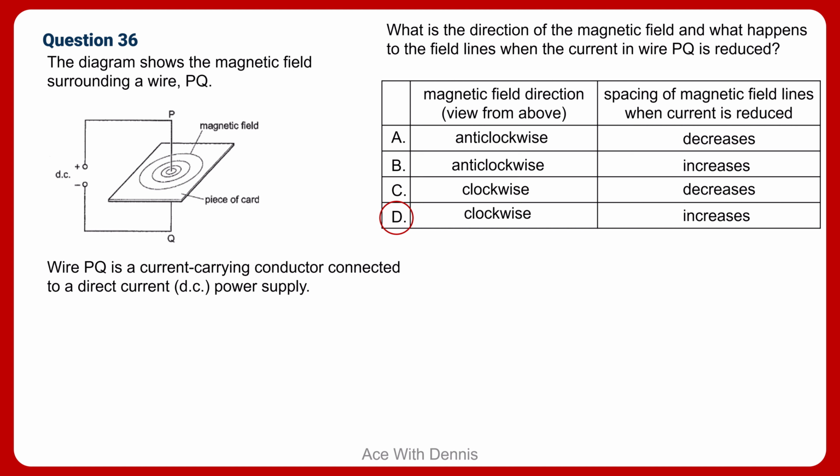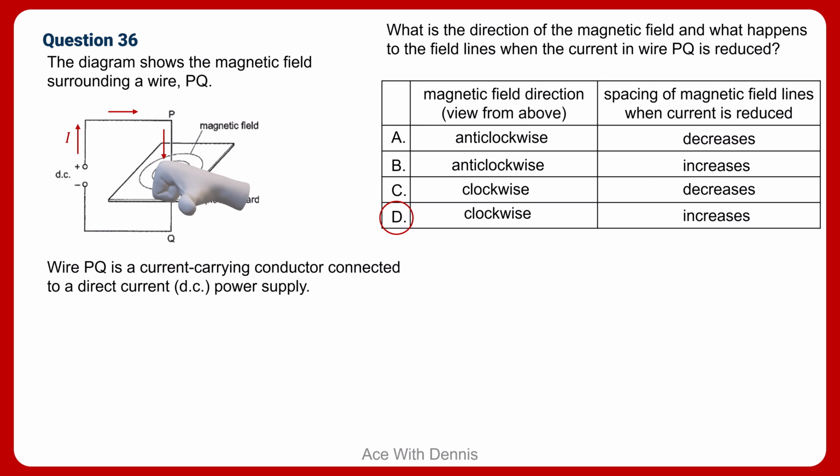Now, to determine the direction of the magnetic field, first we need to look at where the current flows. From the diagram, current flows from the positive terminal towards the negative terminal. Then we can use the right hand grip rule to determine the direction of the magnetic field.